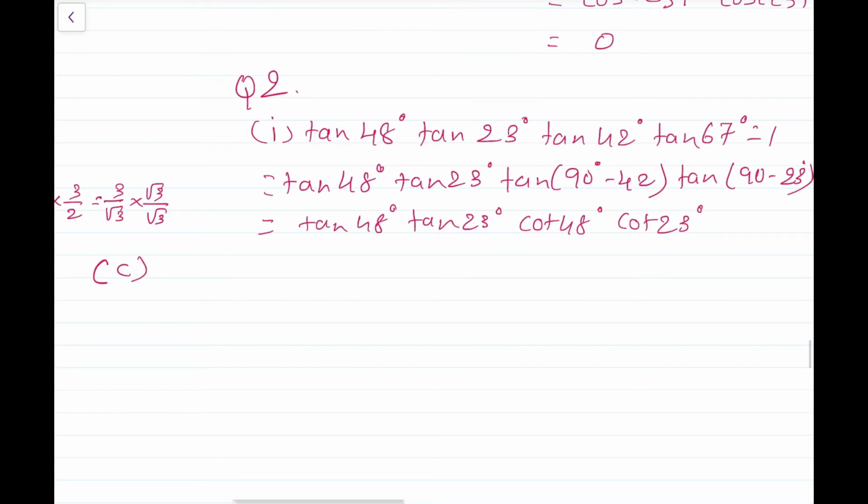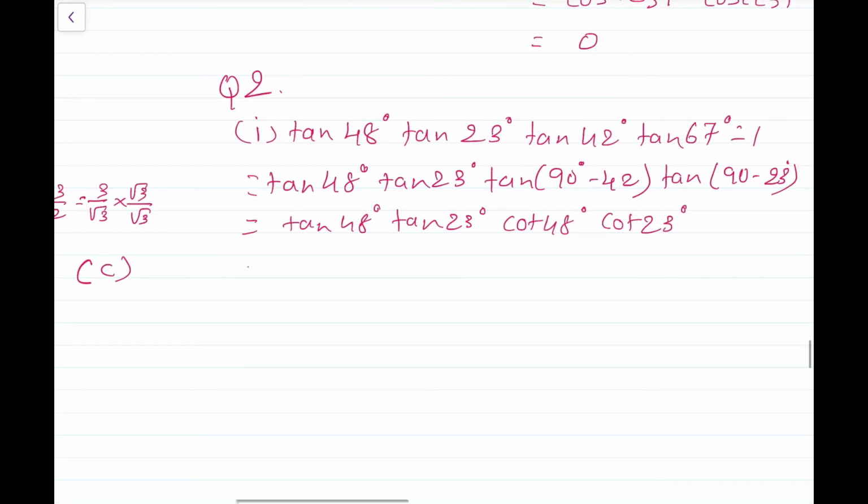So we get tan 48 degrees into tan 23 degrees into 1 upon tan 48 degrees into 1 upon tan 23 degrees.